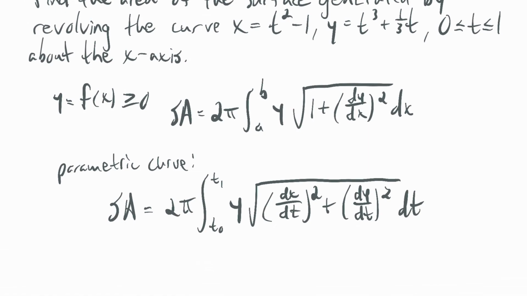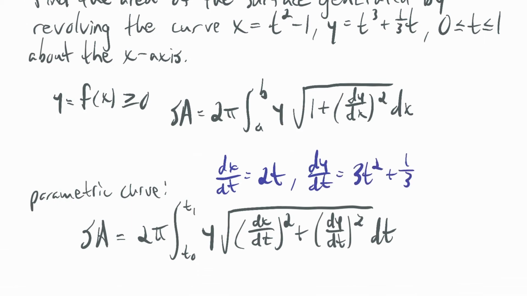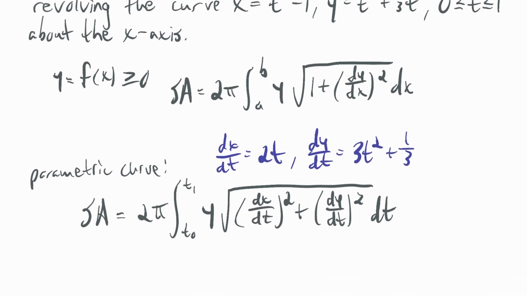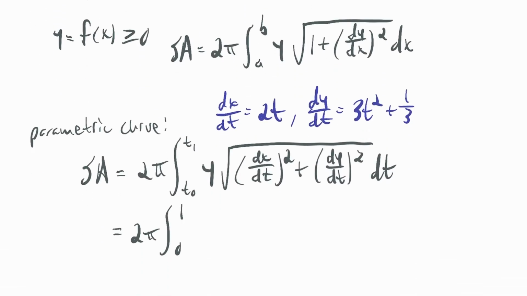So I guess I will do this. Give myself a little more room. So dx dt will be 2t, then dy dt will be 3t squared plus 1/3. Okay, so this will be 2 pi times the integral from 0 to 1. And I'm probably going to try to give myself some horizontal room as well.